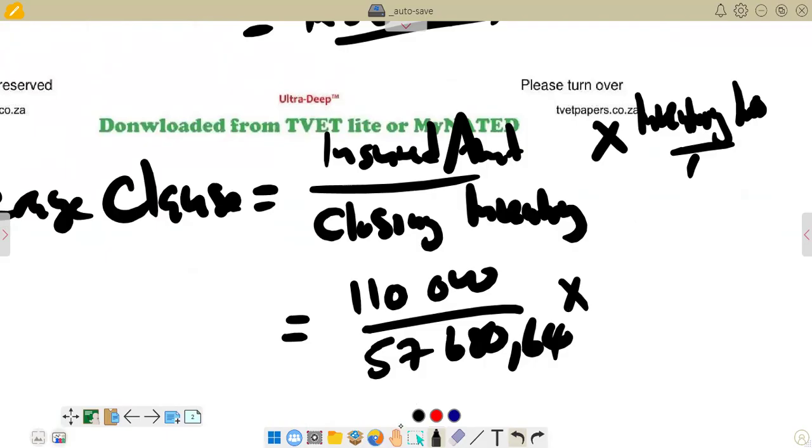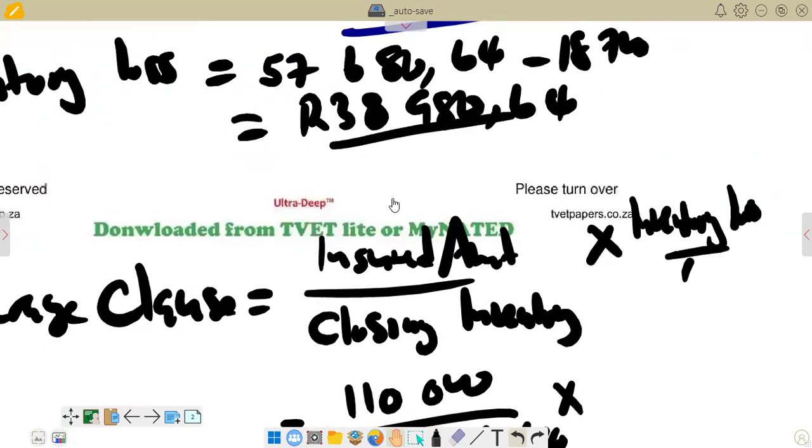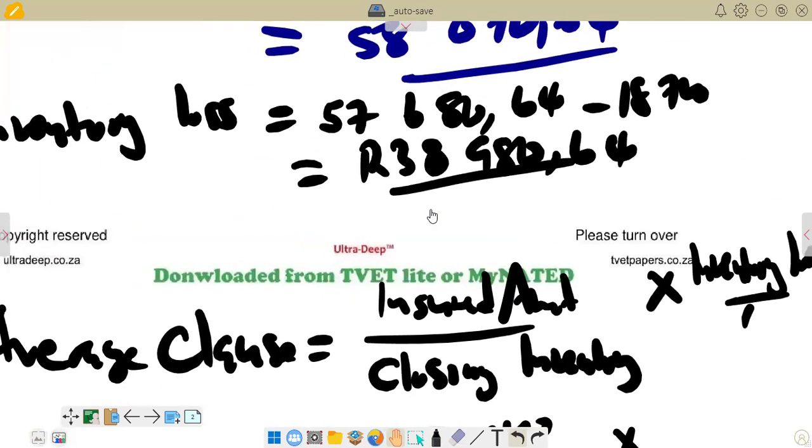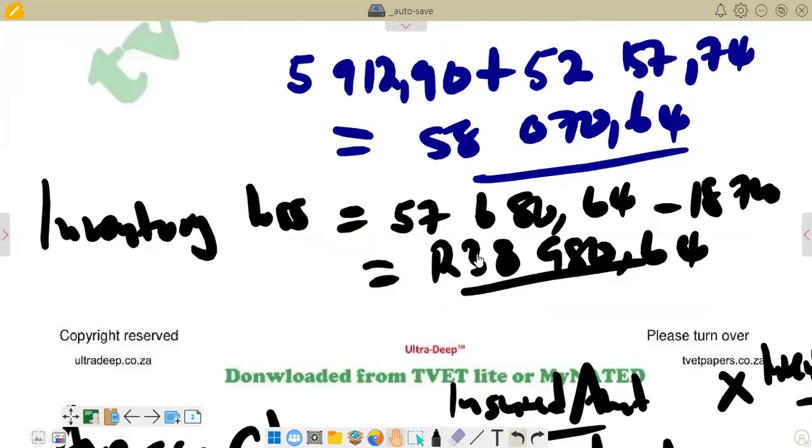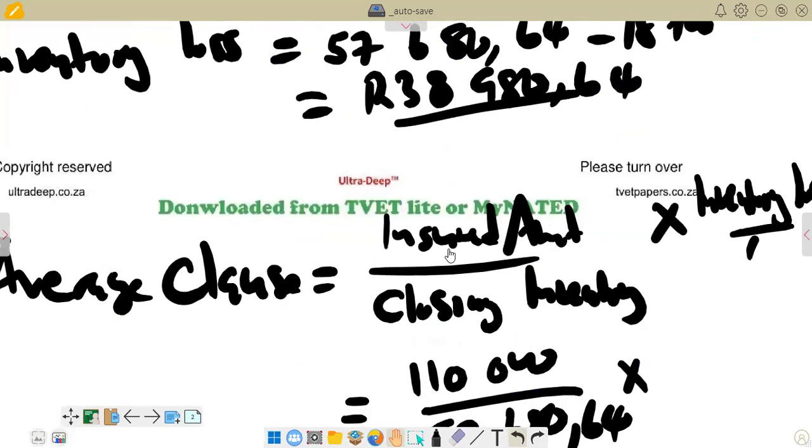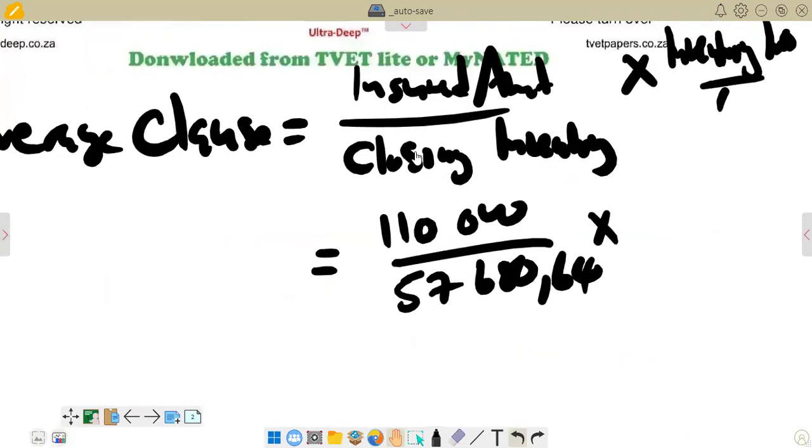We can just refer back to see where we calculated the inventory loss, the actual figure. Inventory loss is here, which is 38,980.64. So we multiply by 38,980.64 over 1.